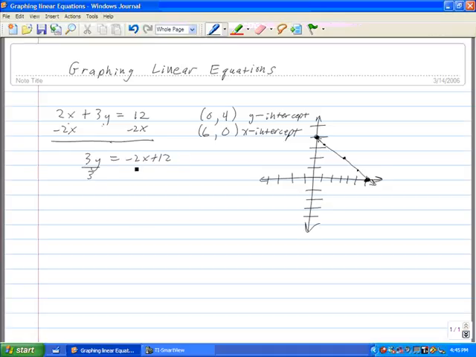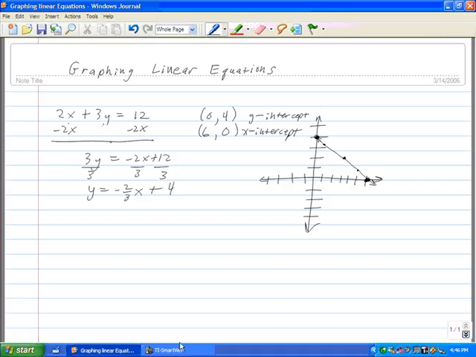Divide by 3. And look at the result. This equation in this form would make it very easy for us to pick some more x values, plug them in, and find the y value that goes with them.